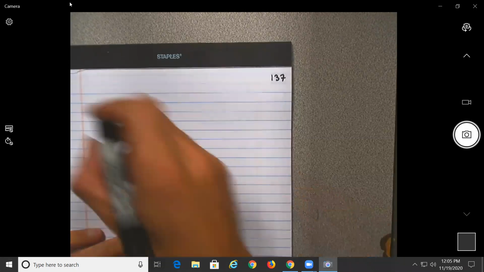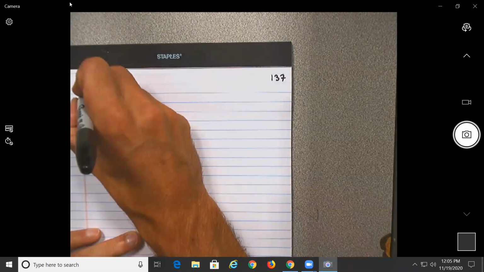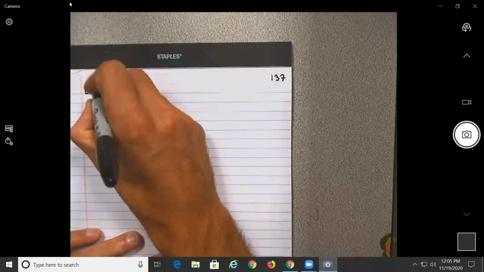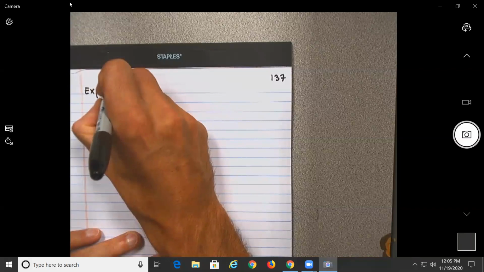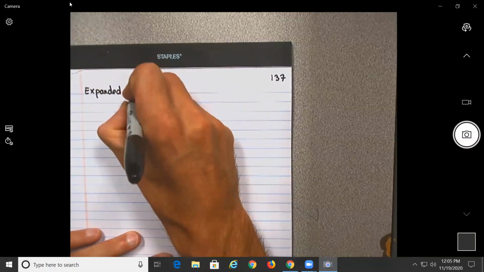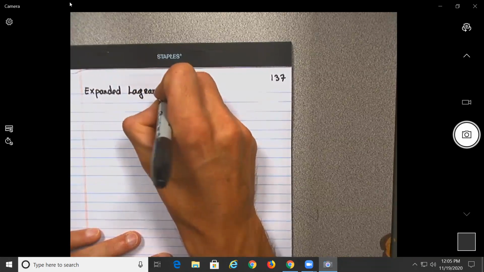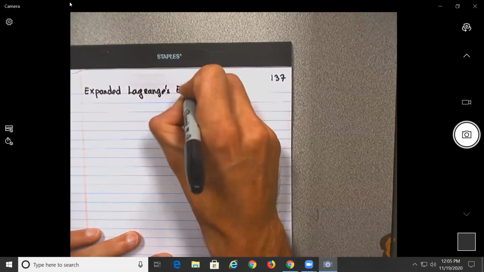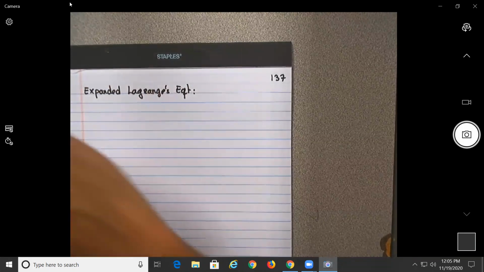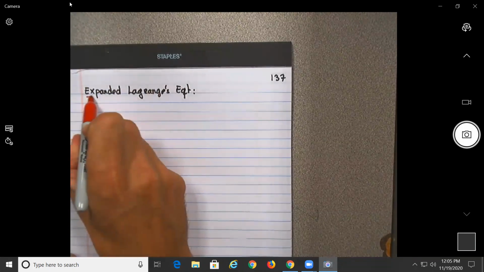Instead of the simplified, let's say expanded Lagrange equation, because this is the way generally you will find it, and even more complicated.